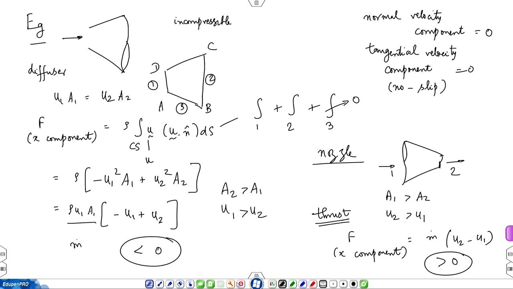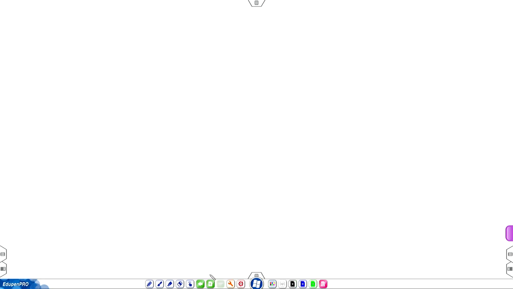Okay, so let us go back to the flow in a tube geometry, where we found that the sum of all external forces acting on the fluid contained in the CV. So, I am just showing you the CV.